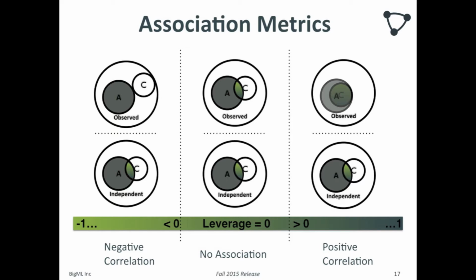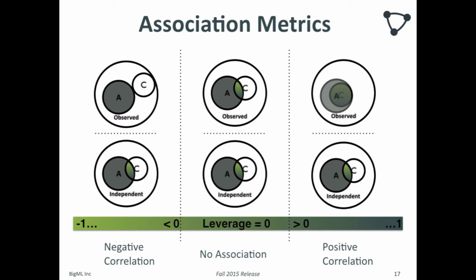We subtract two numbers that are the same, we get a leverage of 0, so it's telling us no association. And on the far right-hand side, we have a much higher observed support than we would expect if they were statistically independent. And so we take a large number and subtract a smaller number, and we get a number greater than 0, but still less than 1, indicating a positive correlation. And so the leverage is always ranging between -1 and 1.